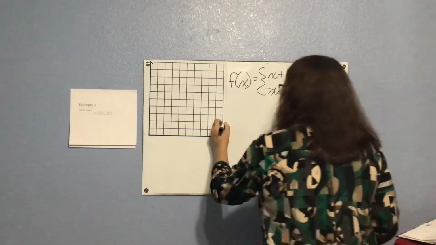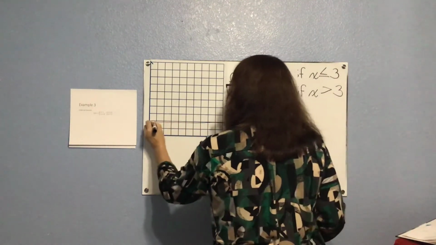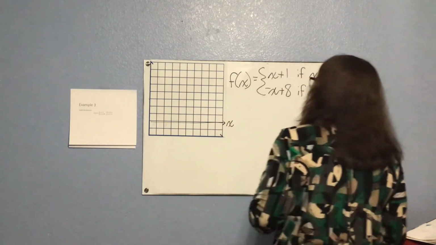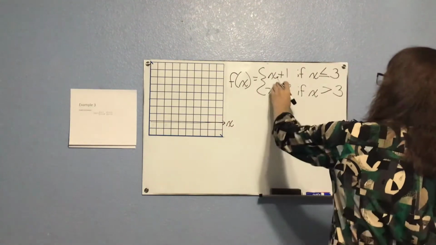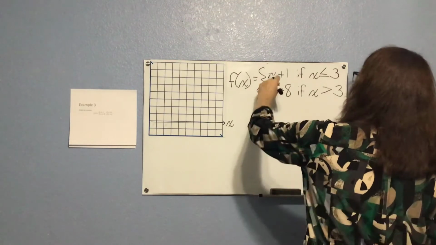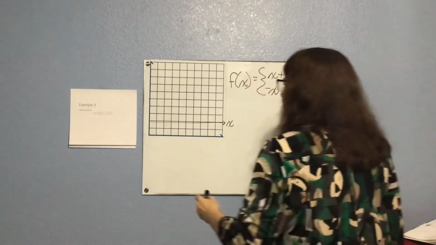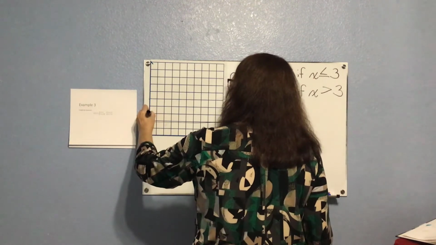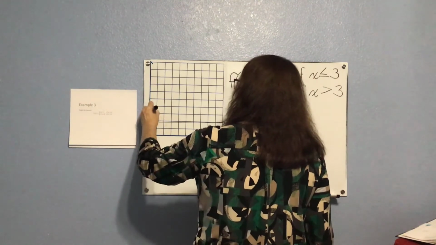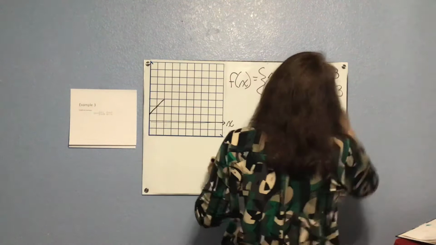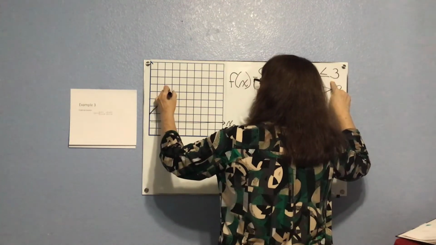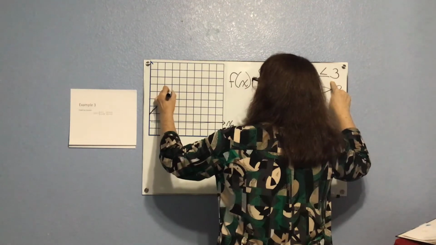Okay, so I'm going to move the x-axis up just a little bit. And now we'll look at the first function, x plus 1, slope 1, y-intercept 1. So starting here, slope 1. And this rule goes all the way to 3. And then it stops there.